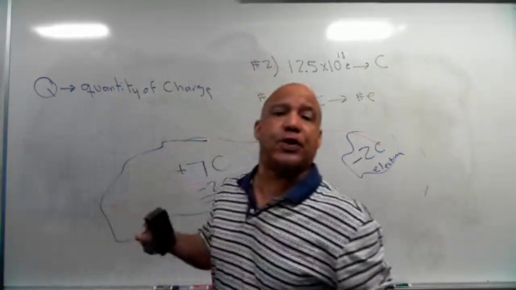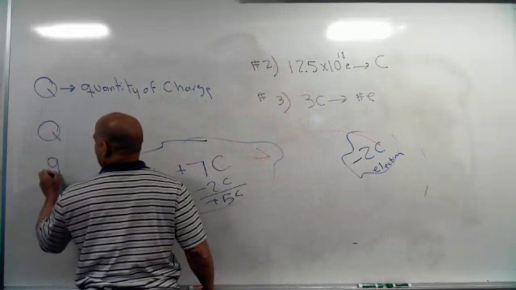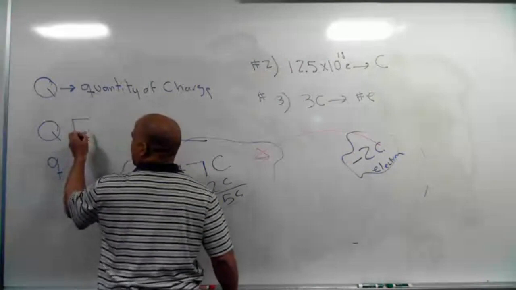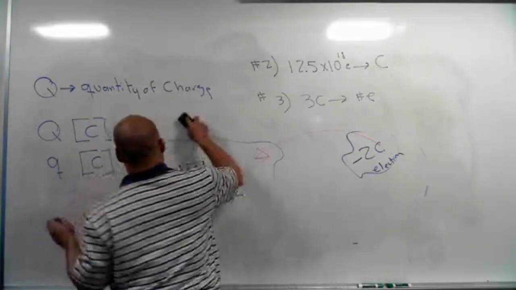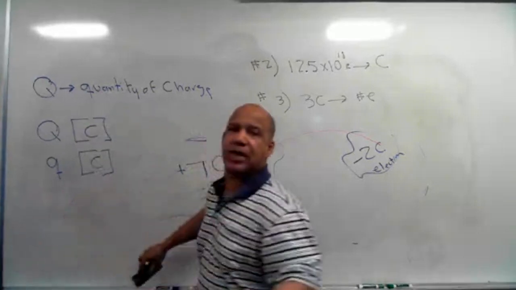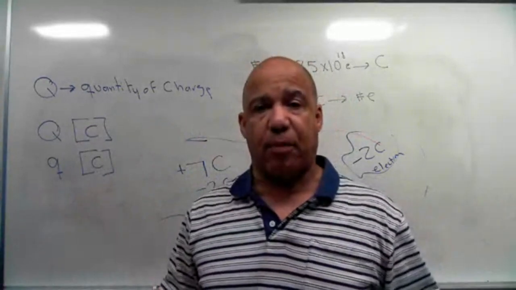But when I use Q for a symbol, I can use a capital Q, I can use a lowercase q. In either case, the unit will be a coulomb. So the question is, when do I use an uppercase Q to represent charge, and when do I use a lowercase q to represent charge?